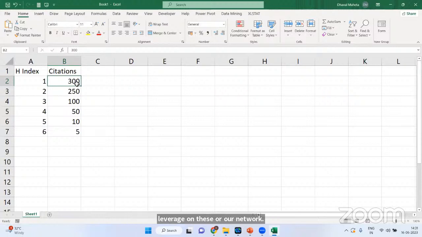There is nothing wrong in it. I'm trying to help each and every researcher. You associate with some renowned professors to write a paper with them so that their network will be very useful to increase the citations of your paper. Once the citations increase, your H index will automatically go up.